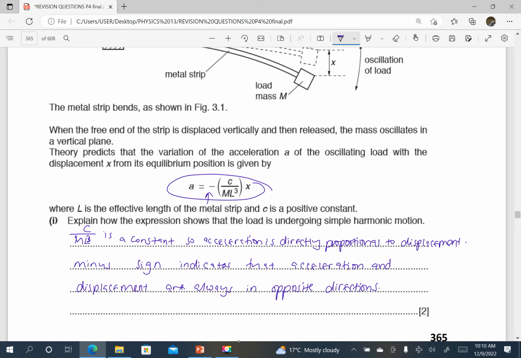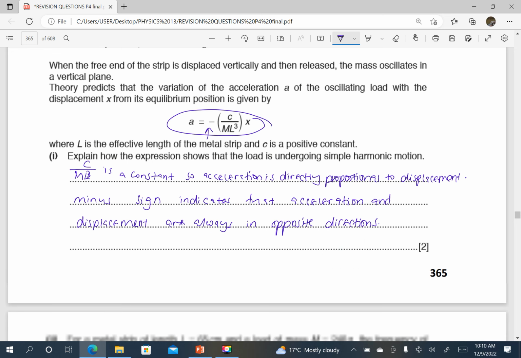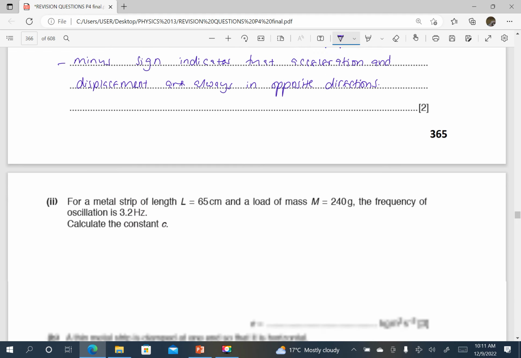Okay, so these two satisfy that the motion is simple harmonic.